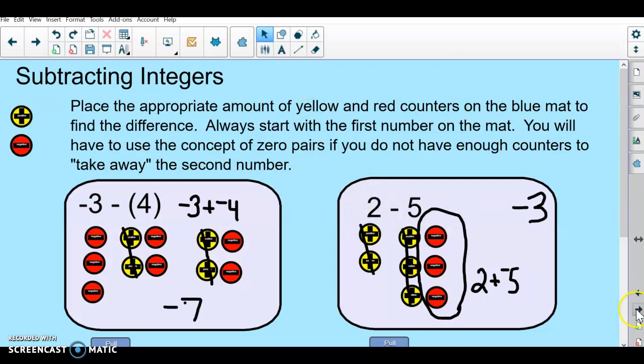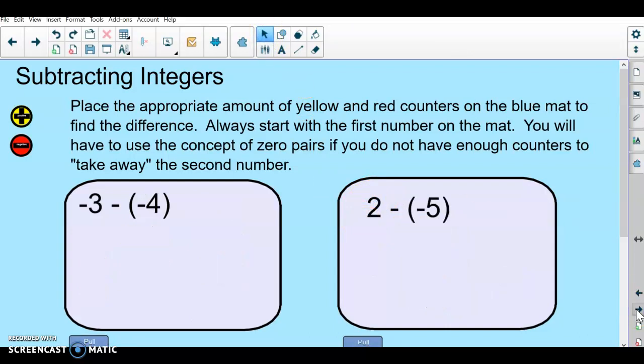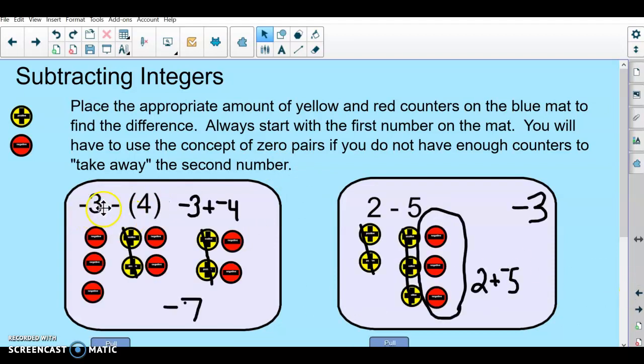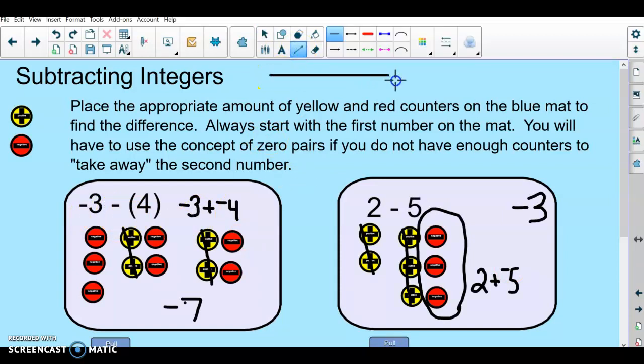Okay, so let's go to these ones here when we're subtracting a negative. These ones are harder to do on the number line. Back here, these ones are easy to do. If I have a number line, and let's just do that 0.